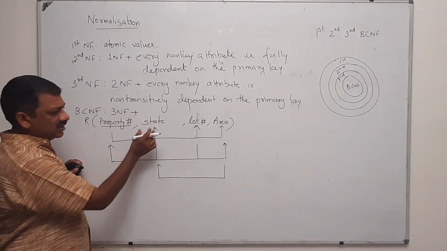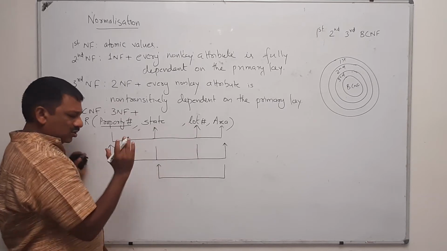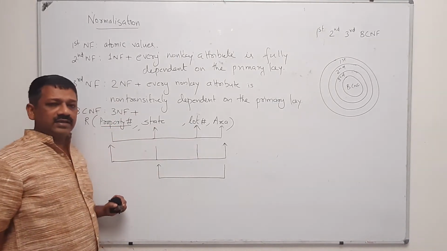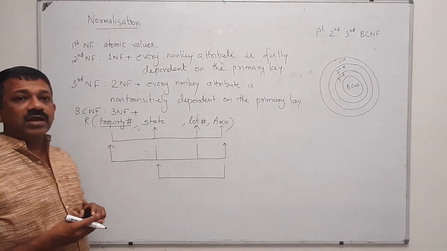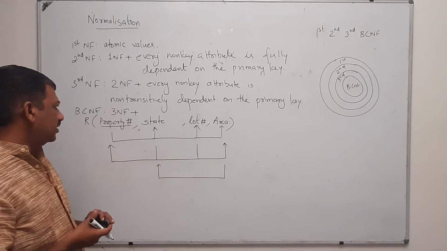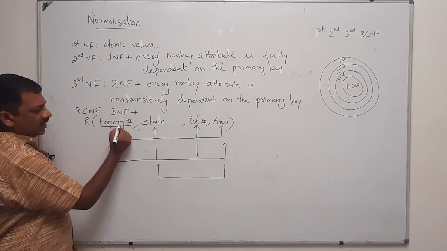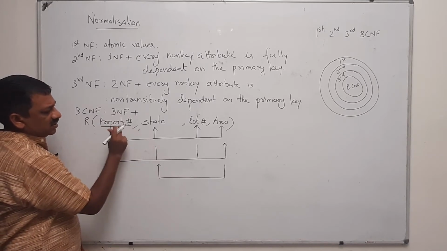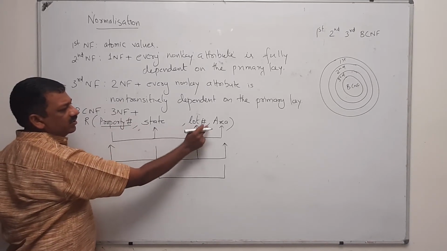That means state and lot number together can form a key. So property ID determines state, lot number and area.